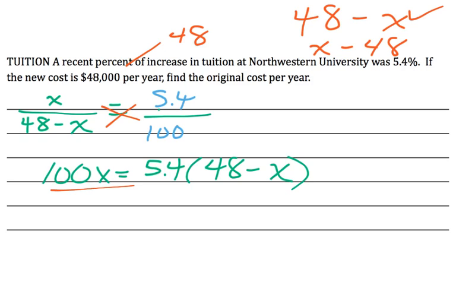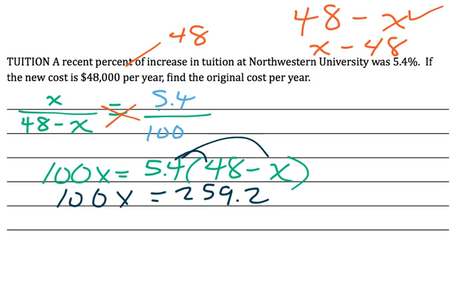Now, in a previous problem, we would have divided by 100 right away, but instead let's clear out our parentheses. So I'll distribute. So here's 100x equals 5.4 times 48. Get the calculator out. We'll get 259.2. And then when I do 5.4 times x, I'm just going to do minus 5.4x.